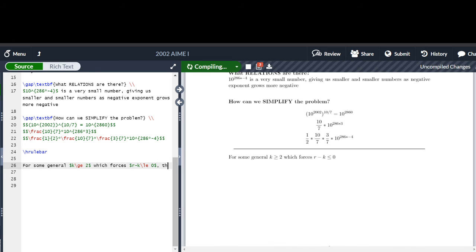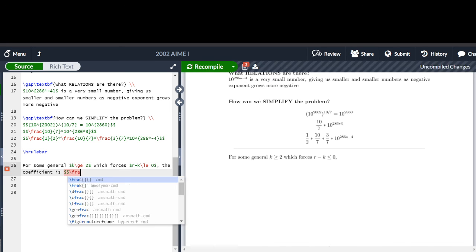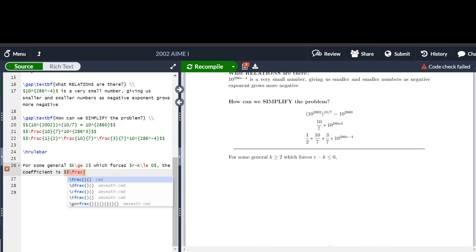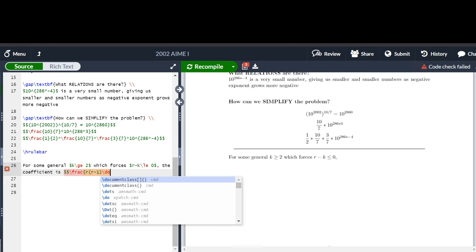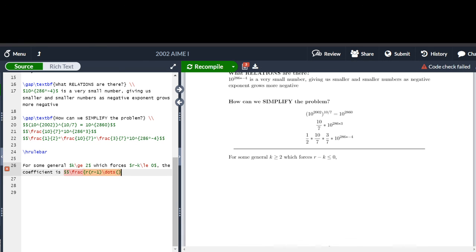The coefficient is r times r minus 1 times all the way to r minus k minus 1, all over k factorial.